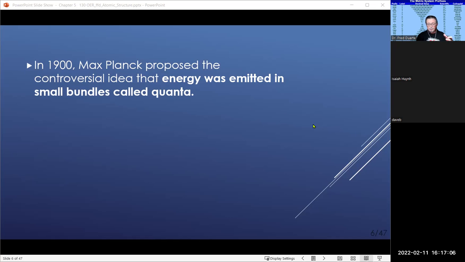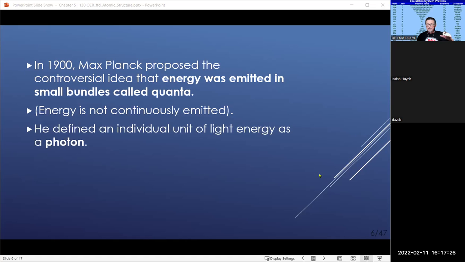I'm having a senior moment with the other guys, but J.J. Thomson, they're just some of the scientists. We have Schrodinger, we have so many other guys. So what he's proposing is that energy is not continuously emitted, and that each individual unit of energy, each quanta, he defined as a photon.